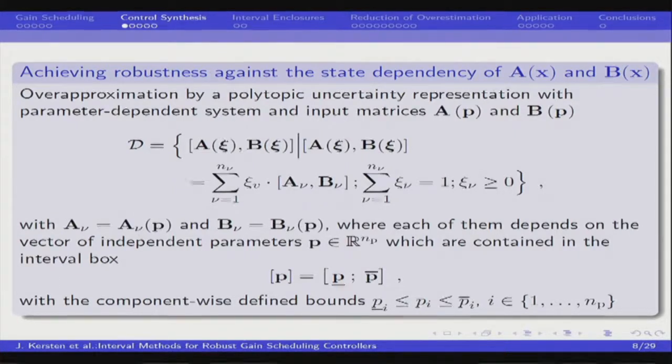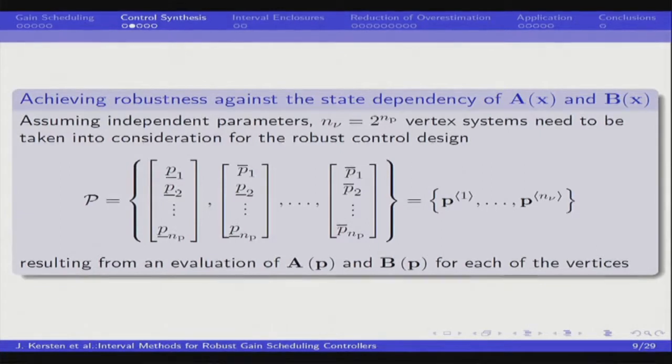So we need to make sure that all possible independent parameters are included with all possible combinations, so that we have the vertex systems with two bounds, of course, and 2 to the power of the number of the parameters.